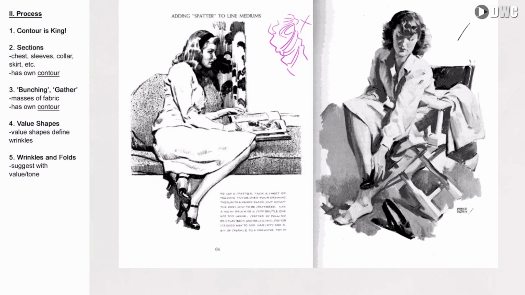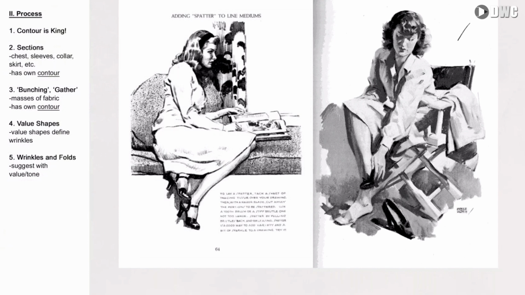Over on the left here, we have another Loomis. And this is an example where he uses sort of dark accents. Now it's very, very minimal fabric and folds at all. Excuse me, wrinkles and folds, right? Very minimal, but because the contour is so strong, the contour is very sharp. Look at the contour of her skirt there, sharp and clear and clearly defined.